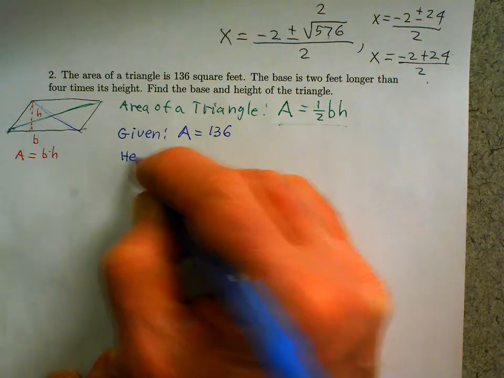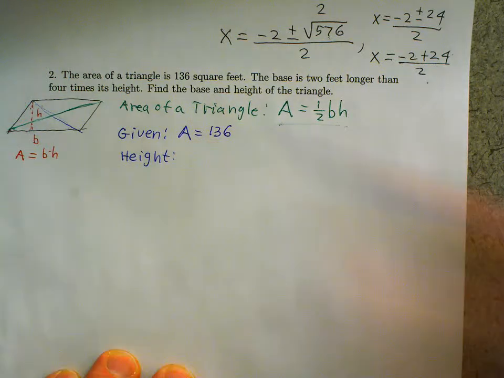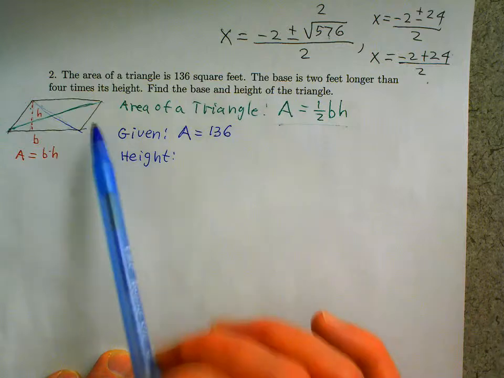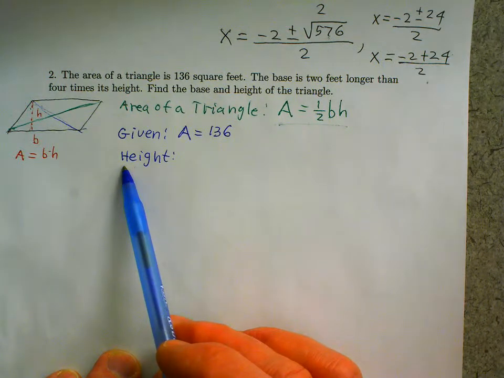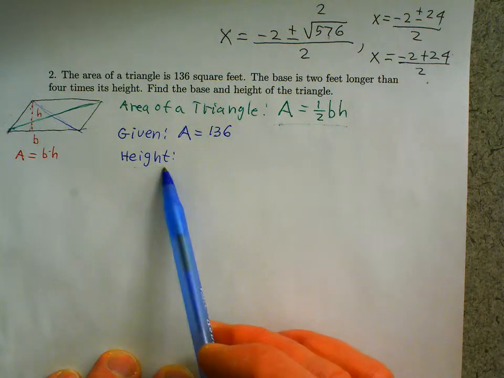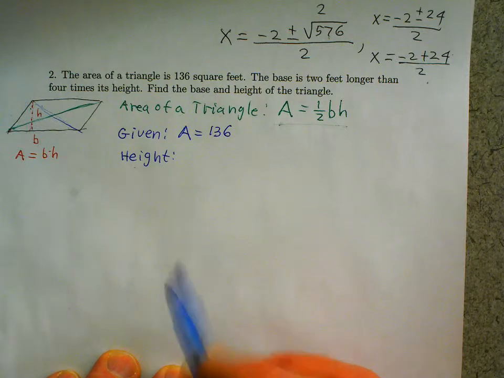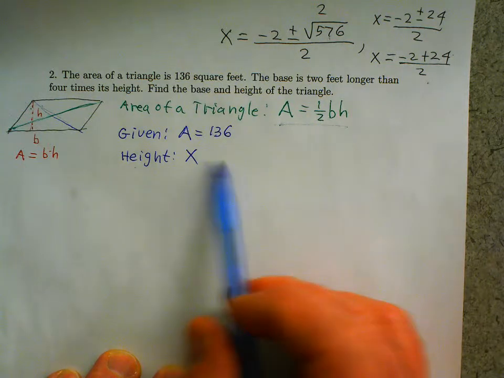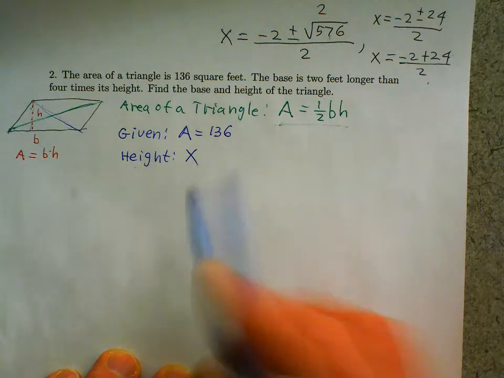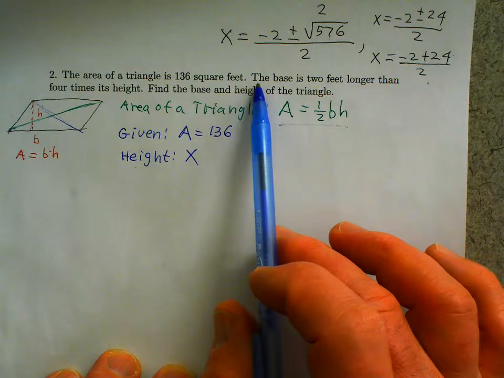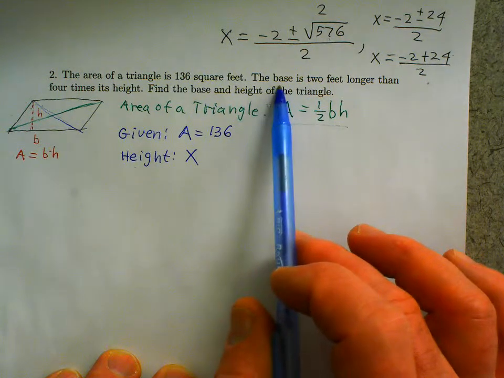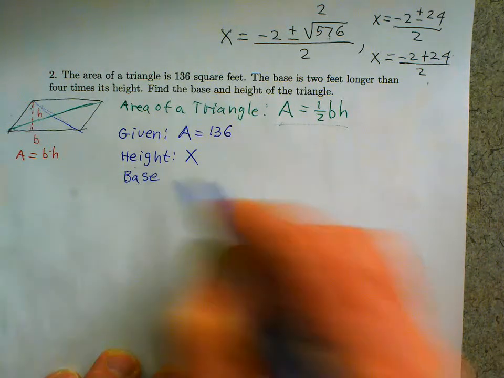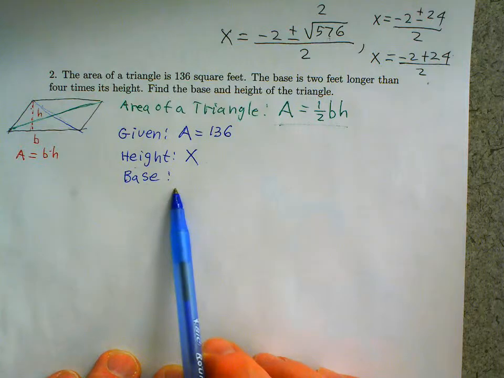So my strategy is, generally, since the base is described in terms of the height, I'll pick a variable to represent the height. You can pick any variable that you want. I'm going to pick x feet for the height. And then I'm going to use the second sentence that describes the base in terms of the height to come up with an expression for the base.